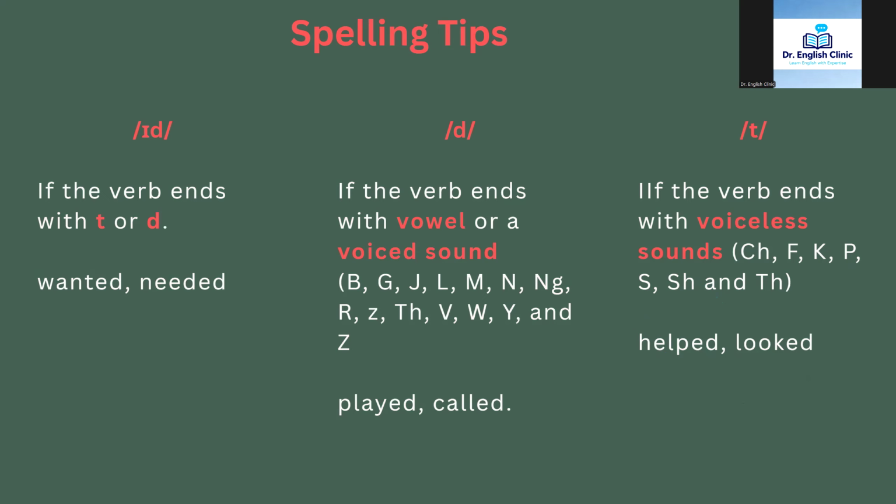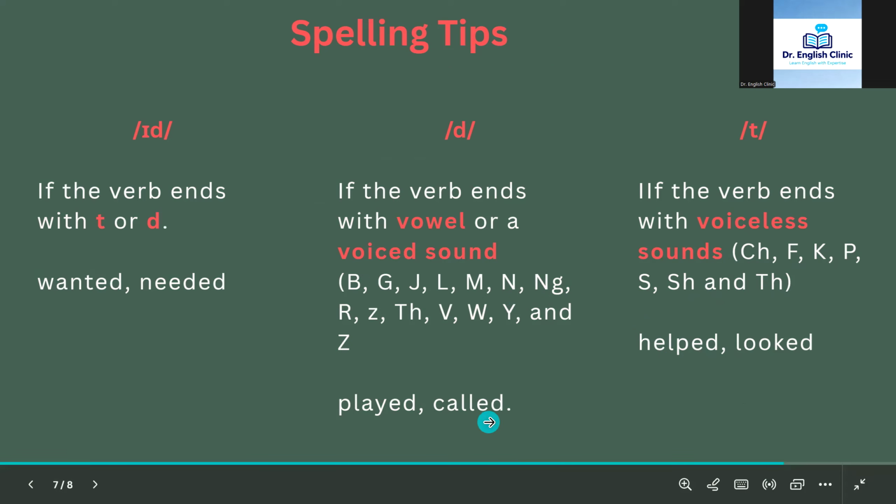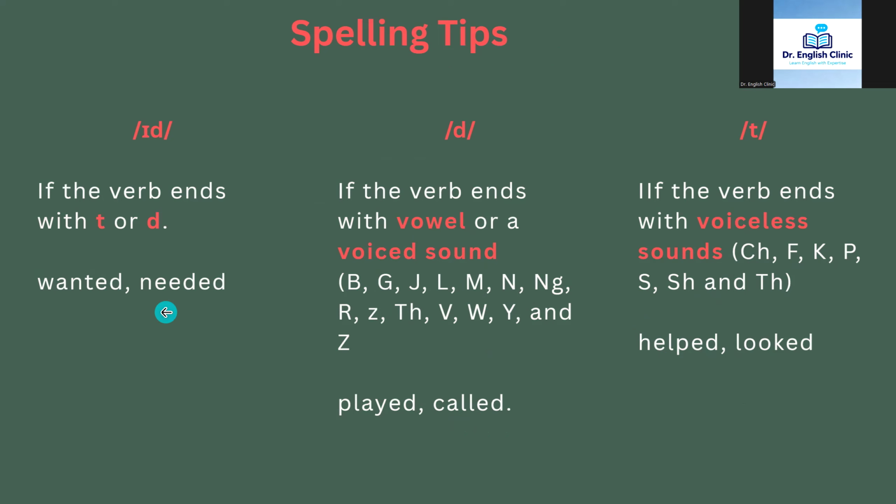No, this is wrong. We say helped, looked. Why? Because the verb ends with voiceless sounds, which is one of these sounds. If the verb ends with voiced sounds or a vowel, we say d, like called. If it ends with t or d, id, like wanted or needed, okay?